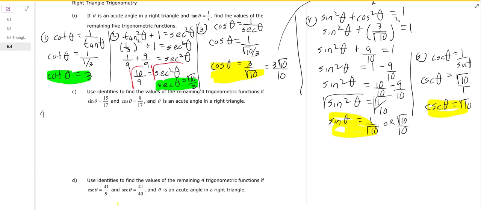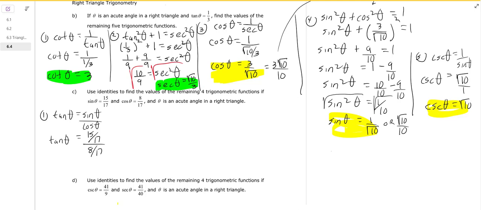So one way to start this would be the tangent of theta is equal to the sine of theta over the cosine of theta. So the tangent of theta would be 15/17 over 8/17. And then you could just do a division problem. Now you can cancel those 17s out. I'll show you why that is in just a minute.